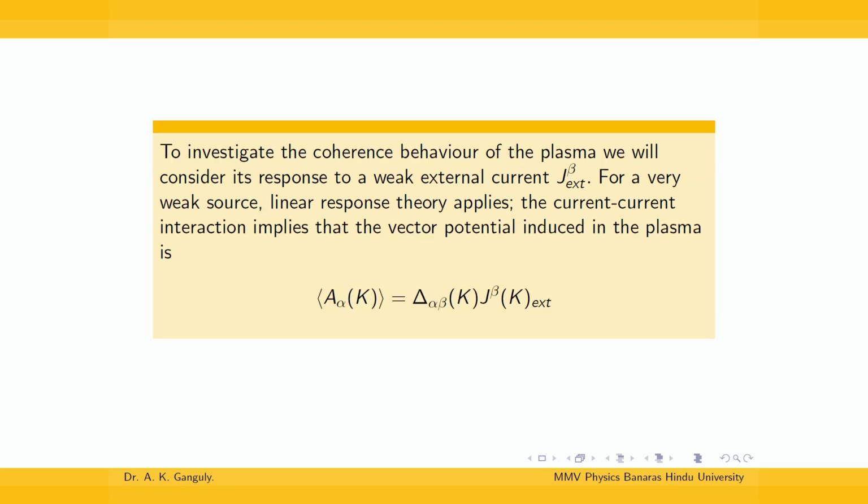In general, the gauge potential can sometimes be written in terms of the 4-current times the propagator delta of A B, but this form is not necessary right at this hour, and we can talk about it later.